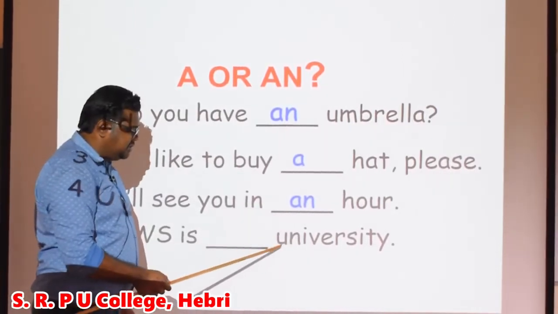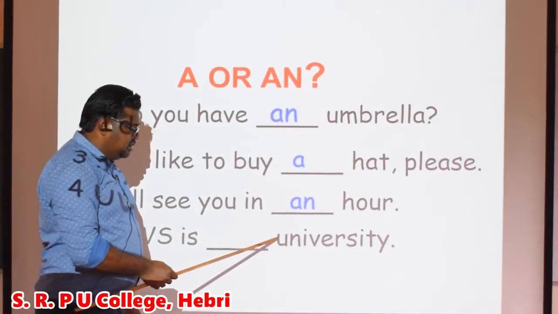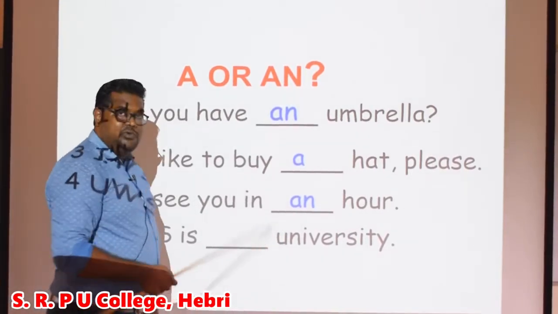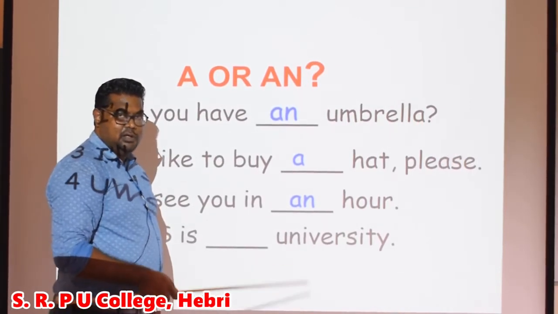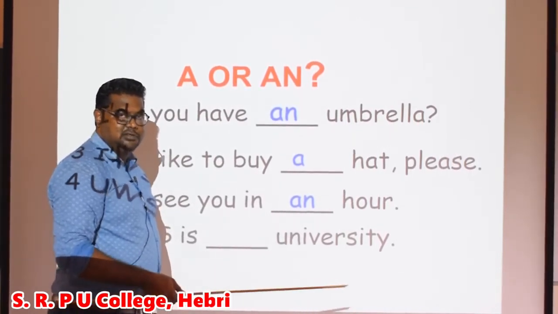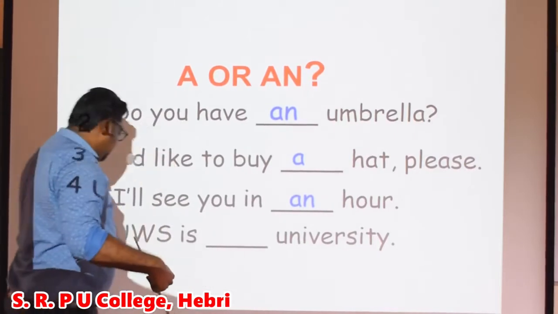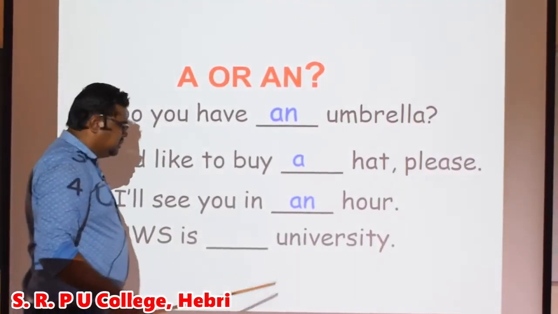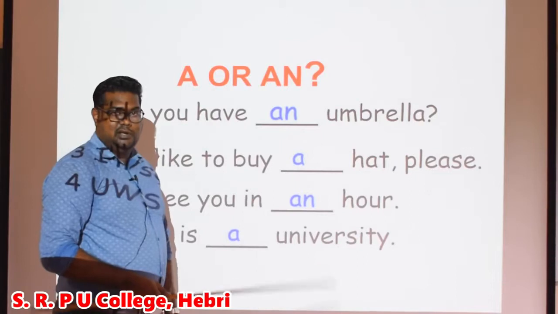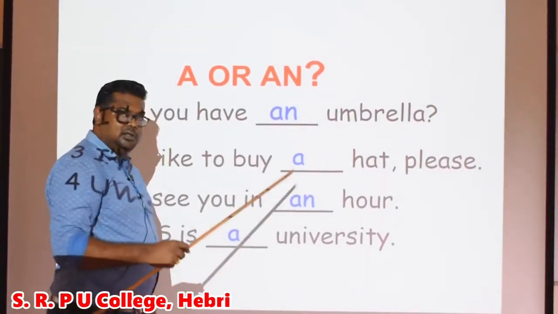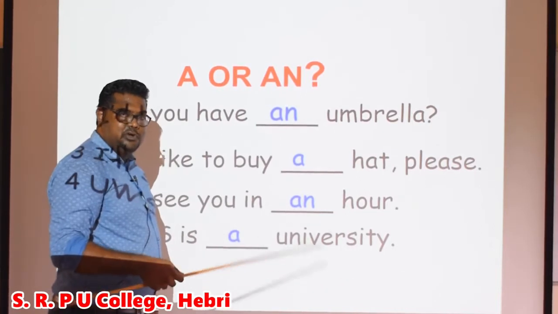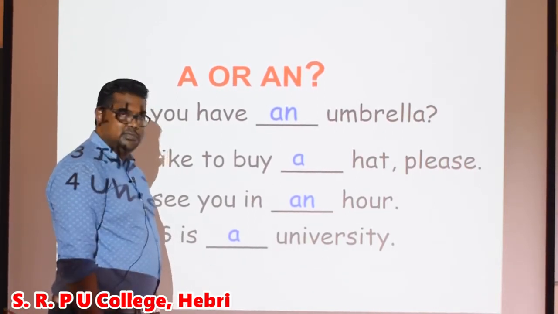Because when you pronounce the word university, it has a sound of Y-O-U, university, and Y is a consonant. So the correct answer is, UWS is a university. We cannot write an because when you pronounce it, it has the sound of Y-O-U, university. Understood, students?